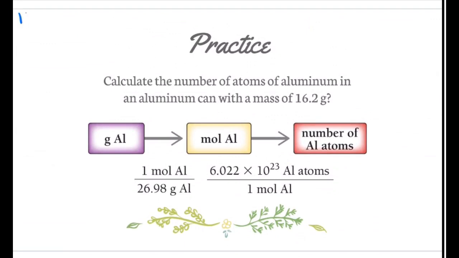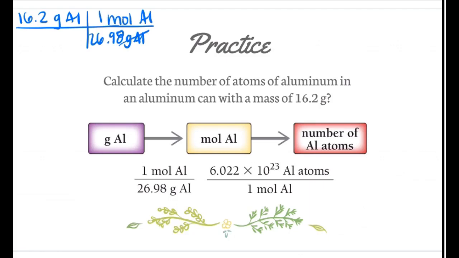Alright, so I should have 16.2 grams of aluminum. I'm going to use the molar mass of aluminum here. That is 26.98 grams of aluminum is equal to 1 mole of aluminum. Cancel my grams out. Then, now that I have moles, if I want to go all the way to atoms, I'll just use Avogadro's number.